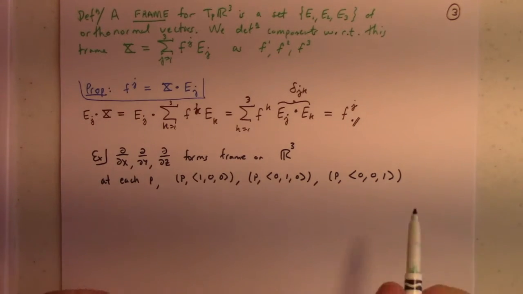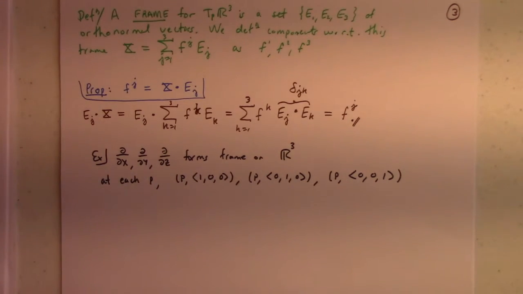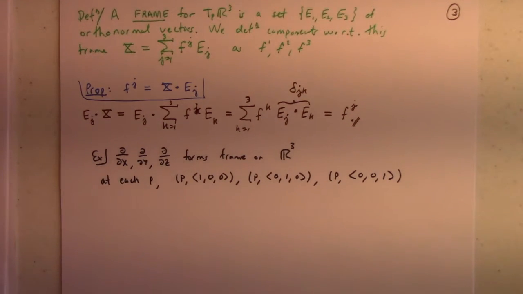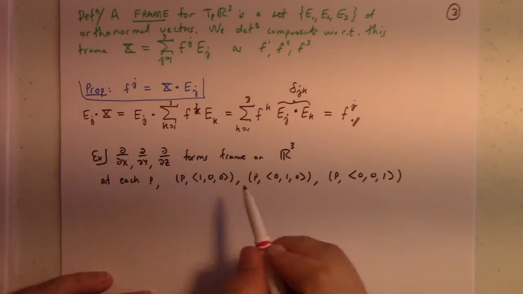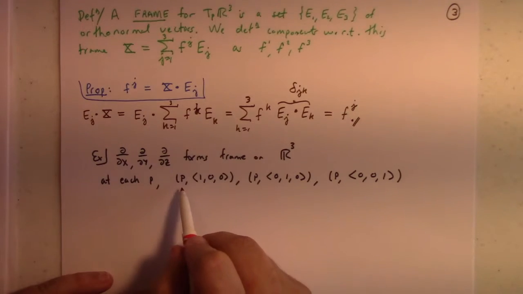So we will start to use a shorthand for that, but you should remember I do think of them, when it's appropriate, as derivations, all right? I think of them as column vectors when it's convenient.